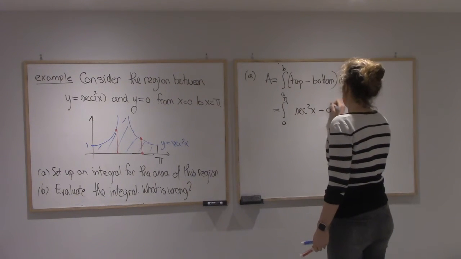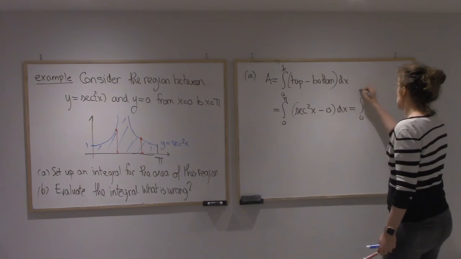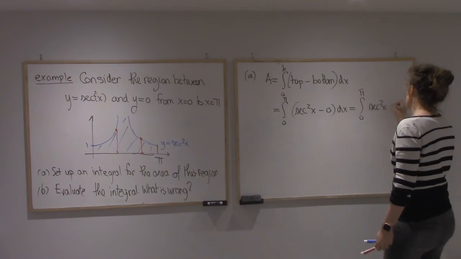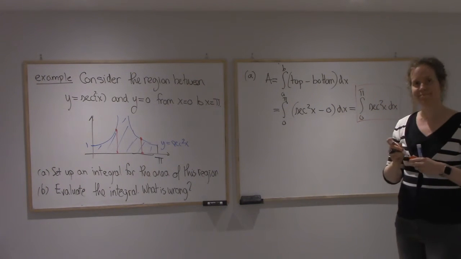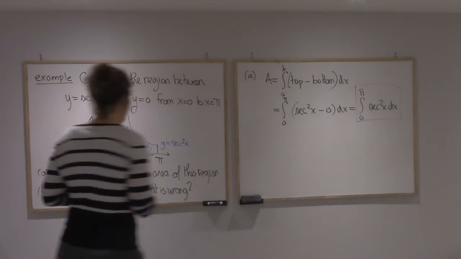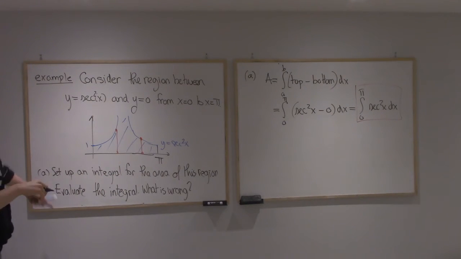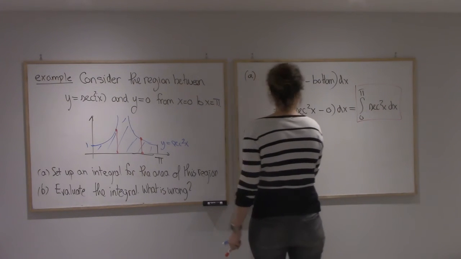Bottom is 0. So I get the integral of secant squared of x dx. Alright, let's evaluate this integral and see why I claim something's wrong.